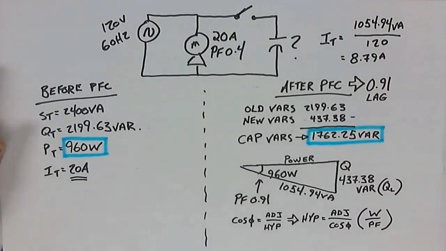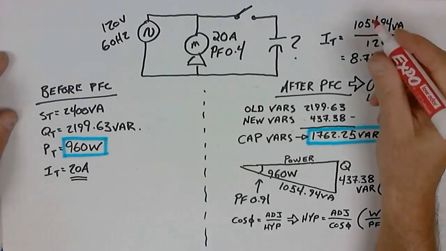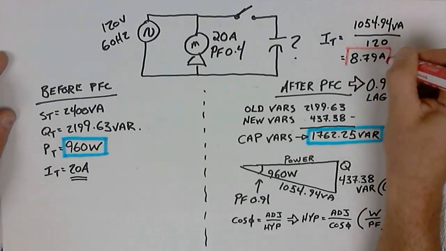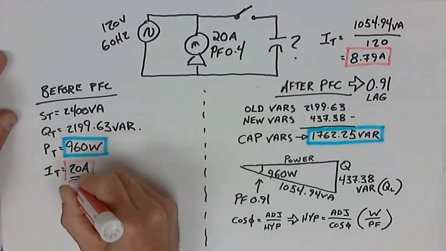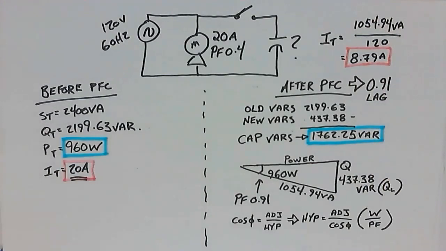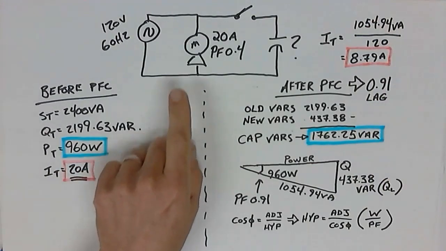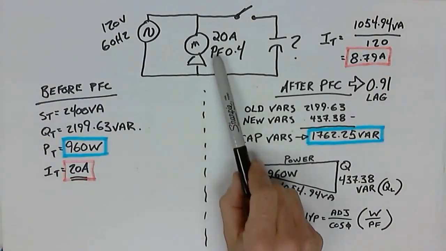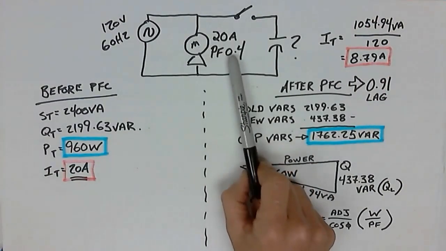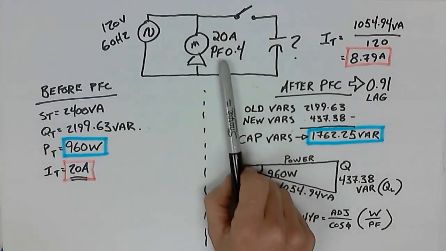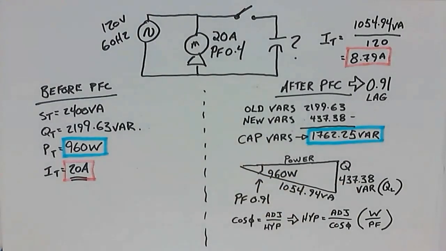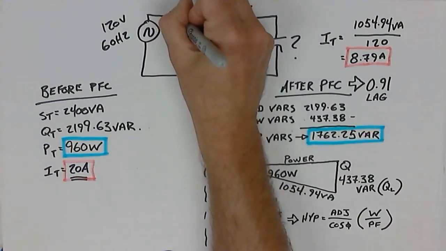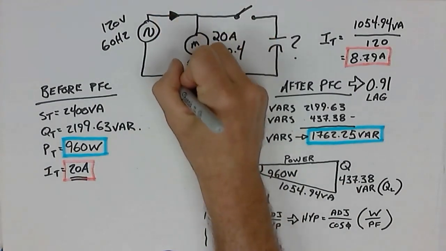That's quite a vast difference in magnitude, isn't it? I mean, really, we've gone from a motor drawing from the supply authority 20 amps to a motor that draws from the supply authority only 8.79. So remember, has the actual rating on the motor, the motor current rating, changed to 8.79? No. The amount of current that is flowing when the switch is closed is changing at these 2 points.